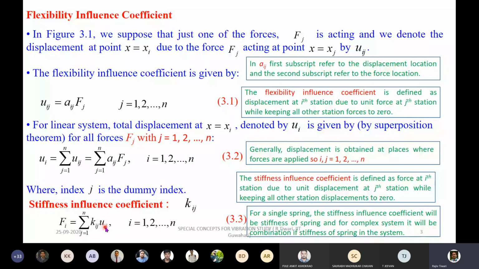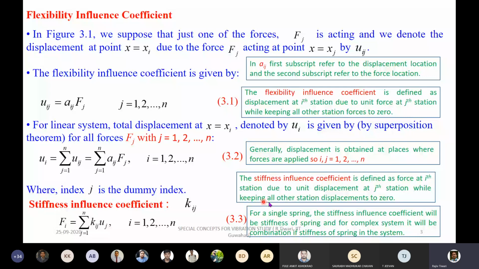Then the stiffness influence coefficient will be equal to the force applied. I'm again repeating, because in this expression, if we keep all other displacements 0 except ui, and ui we take as unity, then fi will be equal to kij. So this is the definition of the stiffness influence coefficient: the force at the ith station due to unit displacement at the jth location while keeping all other stations at 0.